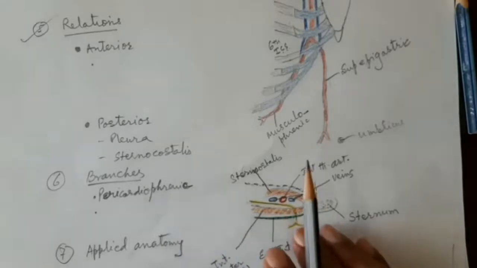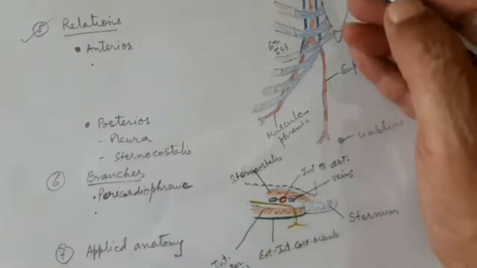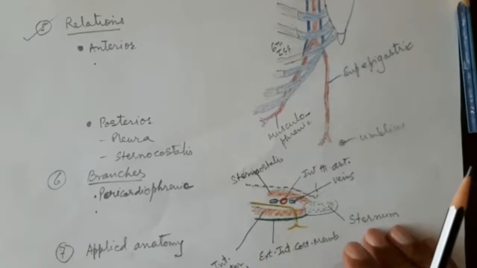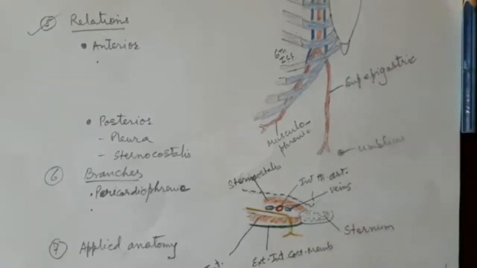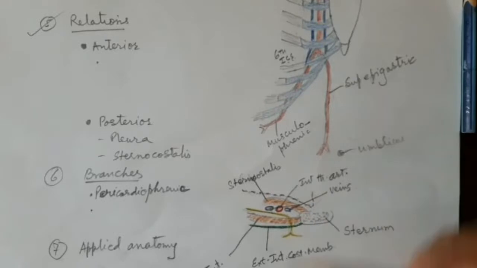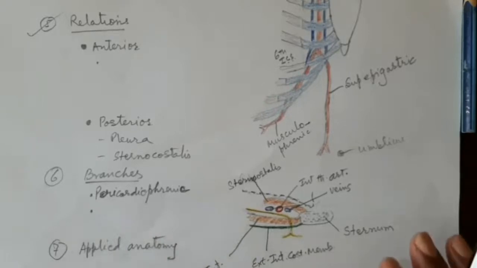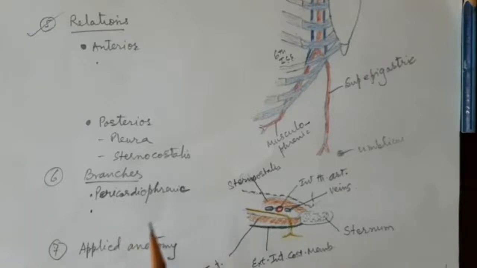This artery is given off soon after the origin, and then runs downward onto the pericardium, and then goes towards the diaphragm. So it supplies the pericardium. This is the first branch, the pericardiophrenic artery. As I said, it runs along the phrenic nerve and supplies the pleura, pericardium and diaphragm.